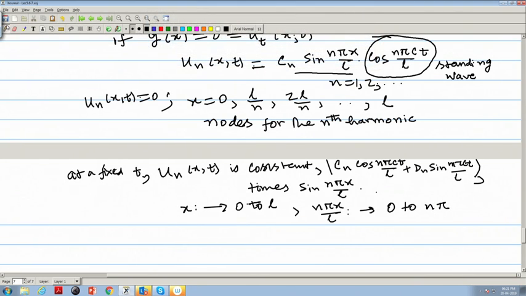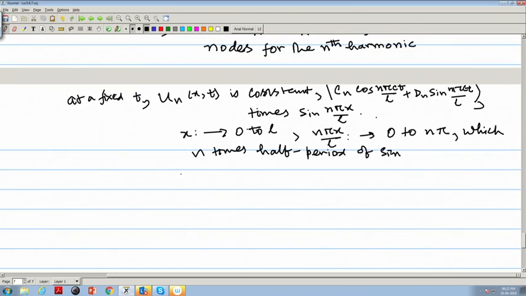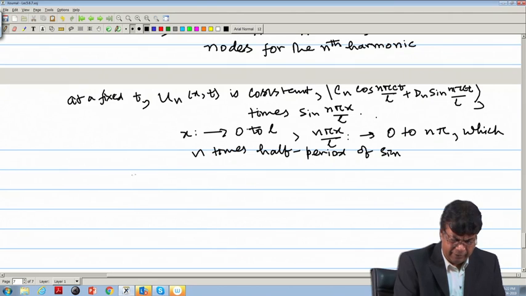For n equal to 0, that is the usual position.